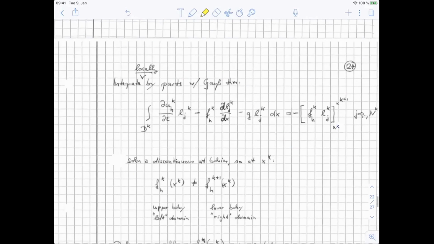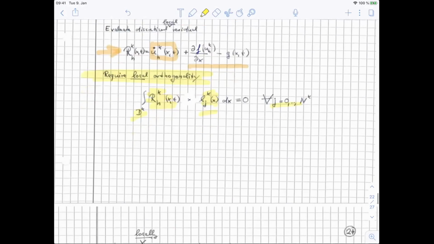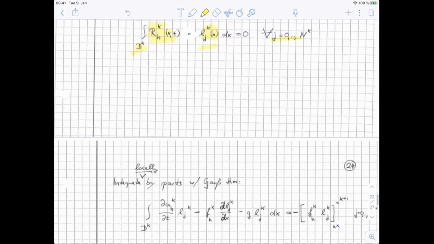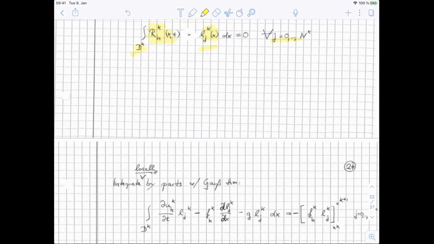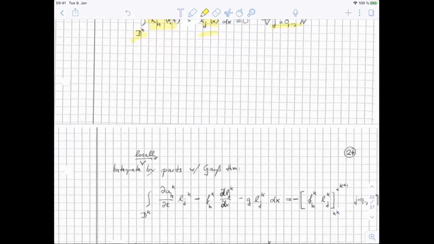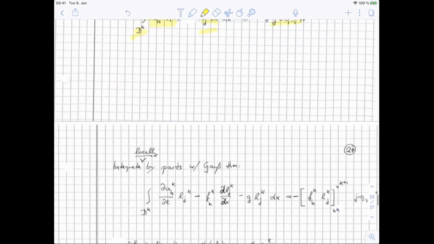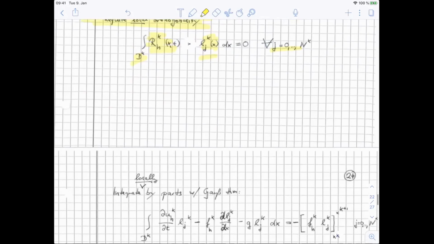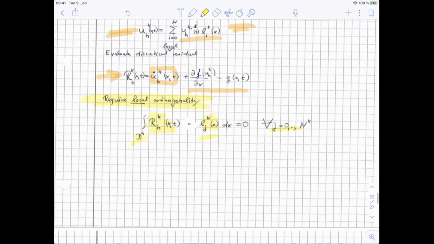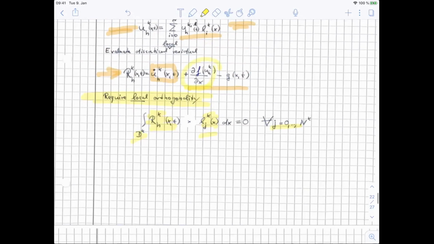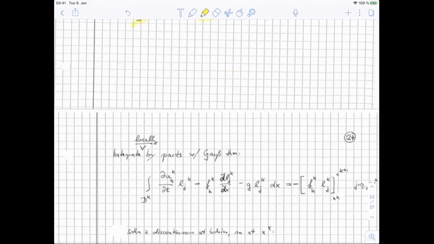The next step is to integrate by parts. If we take the residual here, this term, the df dx term, and integrate by parts, what we get is a f dl dx.